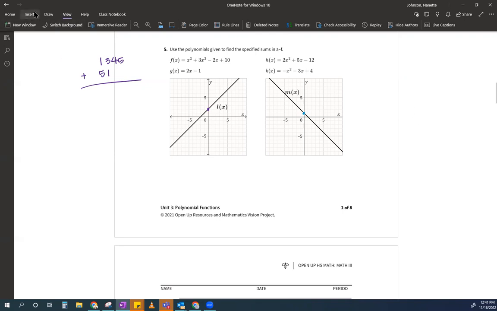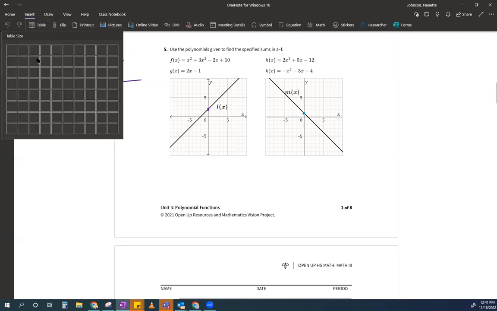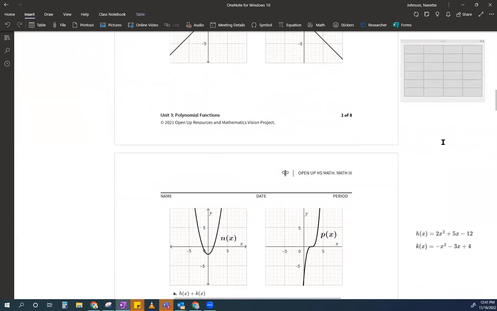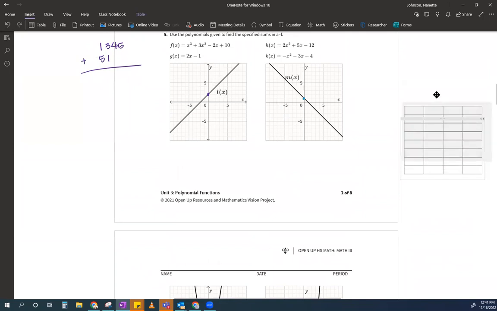Yeah. So let me get you a table because that's how Miss Johnson loves to organize everything. Here's how my table is going to look, and you can create yourself a similar table. You don't even need a table, you could just make the points.